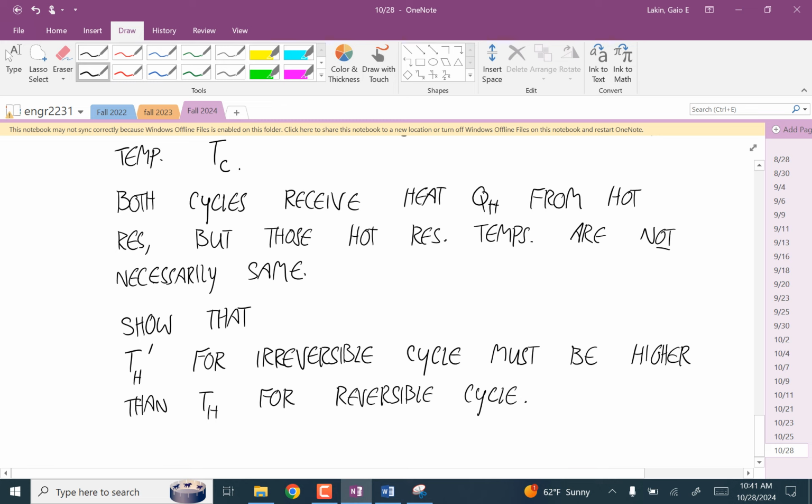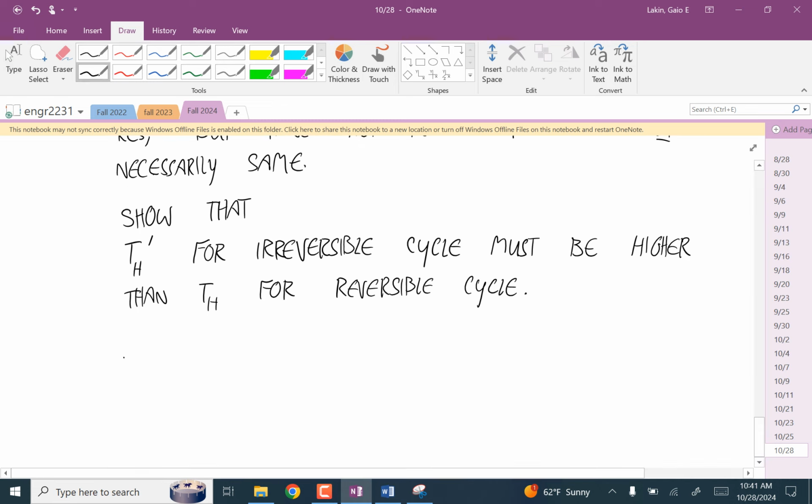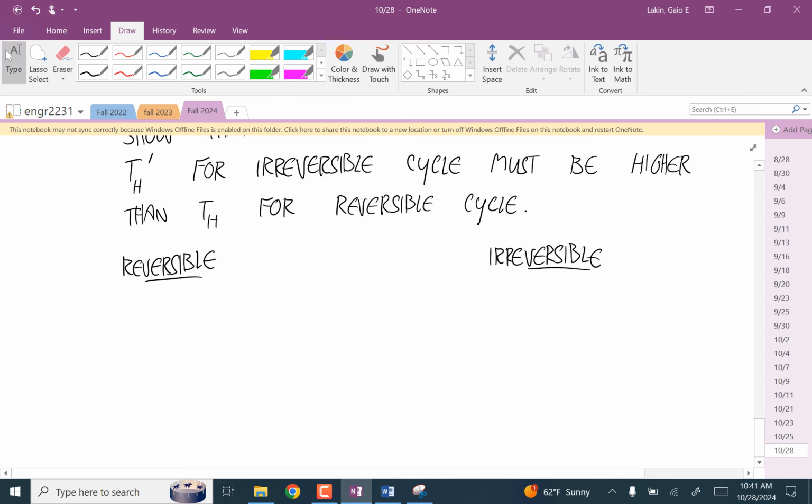Okay, well, just thinking about the fact that for a power cycle, let me draw these, and I think that helps make this clear what we're talking about. So here's the reversible case. Here's the irreversible case. For the reversible, we have this TH.